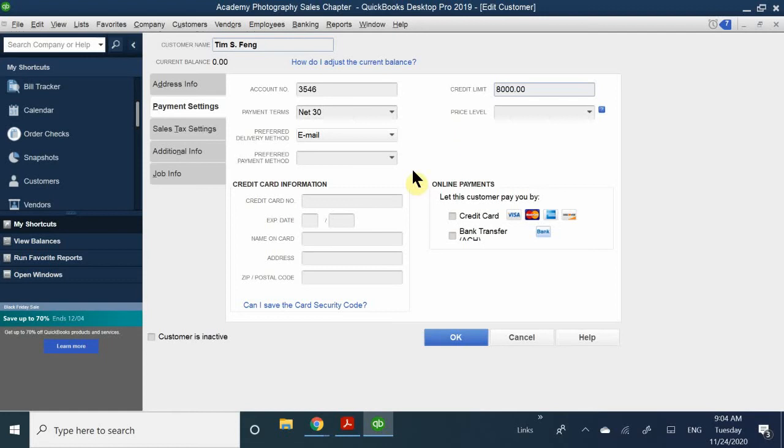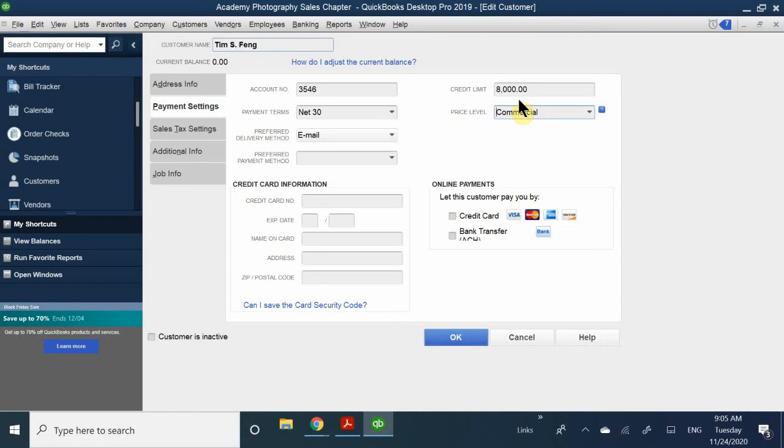All right. And price level. Okay, so again, there are different ways that you can charge your customers, right? You can charge them based on commercial, residential, standard, out of state. You can charge them at a certain different percentage level, meaning, obviously when you make purchases of your inventory, you want to sell to your customers at some sort of percentage.